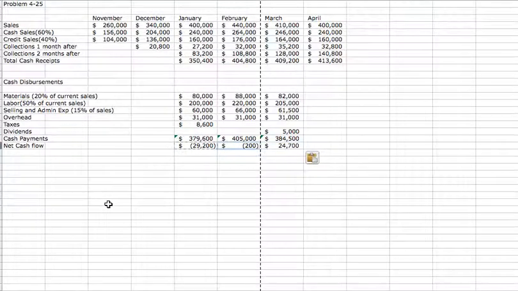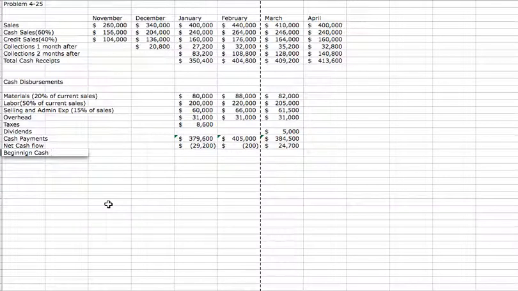Okay, you can kind of see what's happening here with our net cash flow. We're using cash up in January and February, and then we're putting cash back into the bank account in March.